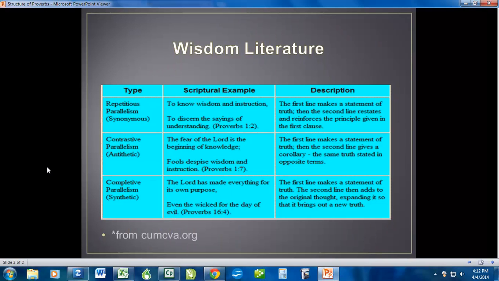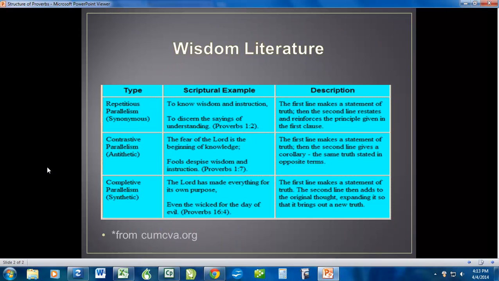The fear of the Lord is the beginning of knowledge. Fools despise wisdom and instruction. So it's not necessarily the opposite, but it is giving you a truth of what the other side of this kind of looks like, and so in their description here, they call it opposite, but something can be antithetic and not necessarily opposite, right?